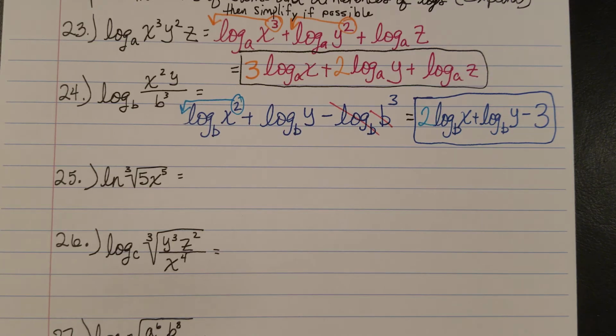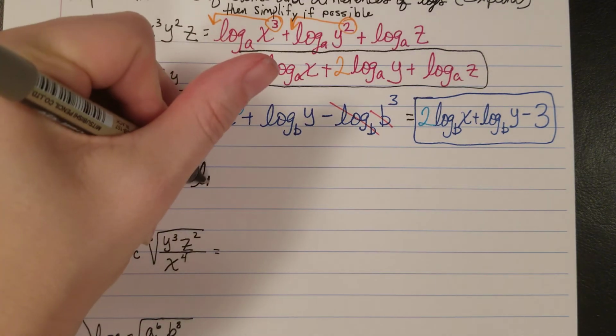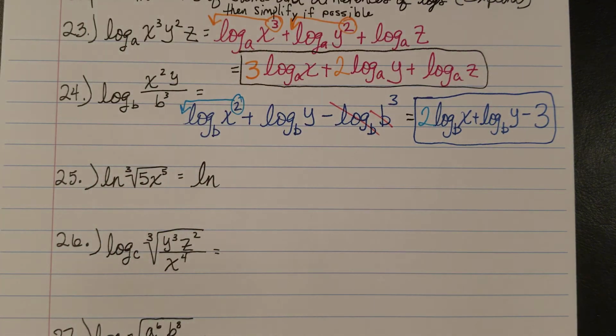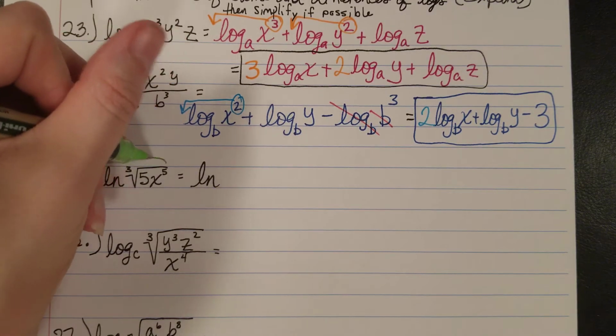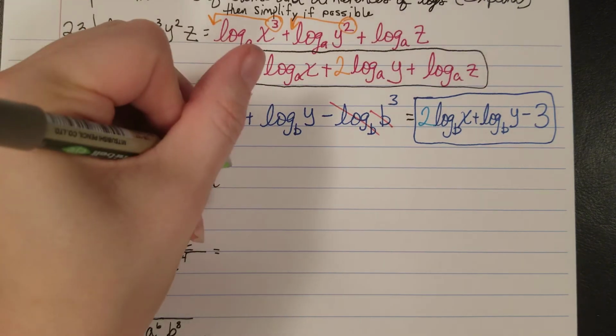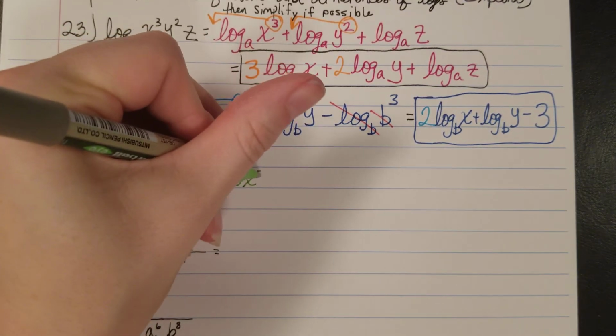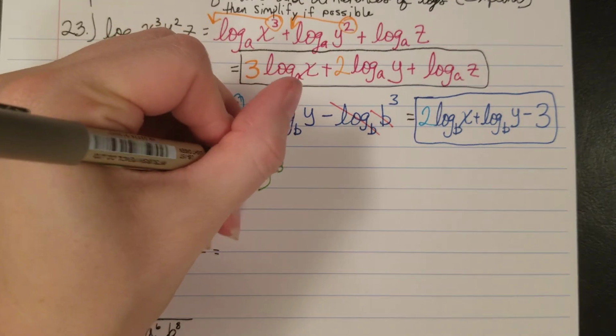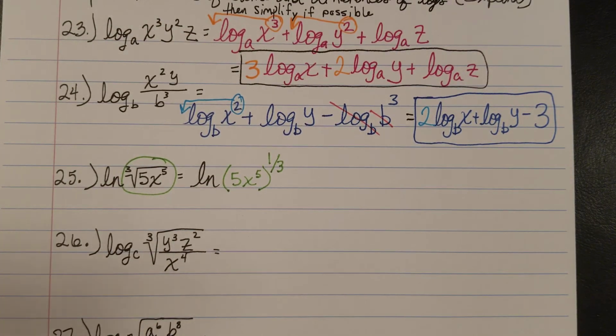Okay, so I'll just keep ln, and I'm going to say parentheses 5x to the 5th to the power of 1/3. Okay. All right, so now at this point, I kind of have two ways I could go. I could either take that exponent and move it in the front here, or I could distribute it. But I think I'm going to go ahead and move the exponent at this point.